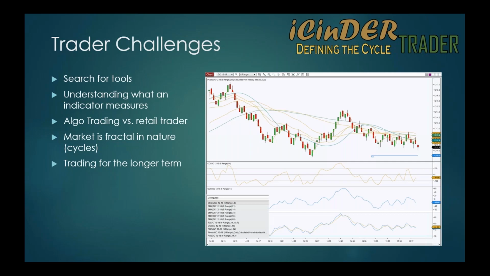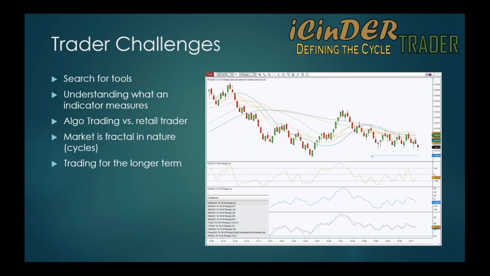On the retail side, we don't get to look at everything that's going on behind the scenes. We are actually reactionary traders. We use tools that attempt to measure something that is taking place in the market, and what we're measuring, in essence, is price movement, or we're measuring time. If we get into the day trading piece, then we start looking at the internals of the market forces that move price, because the market is fractal in nature.